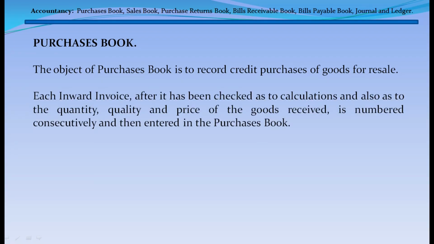Purchases book. The object of purchases book is to record credit purchases of goods for resale. Each inward invoice, after it has been checked as to calculations and also as to the quantity, quality and price of the goods received, is numbered consecutively and then entered in the purchases book.